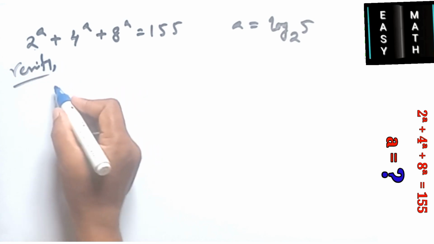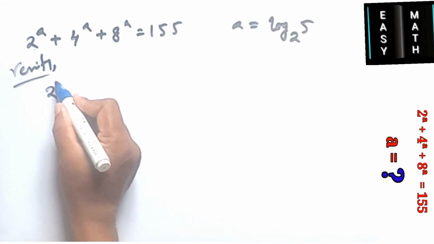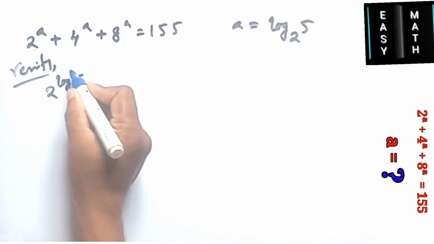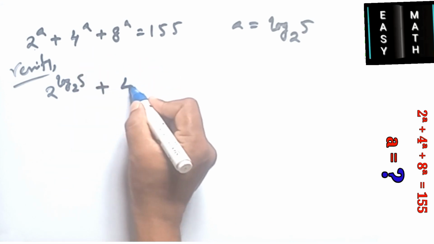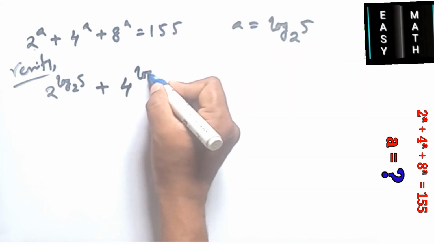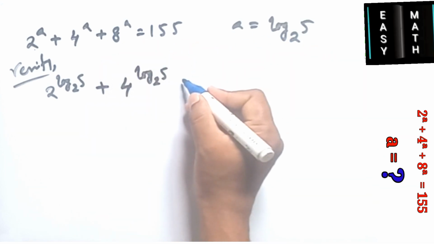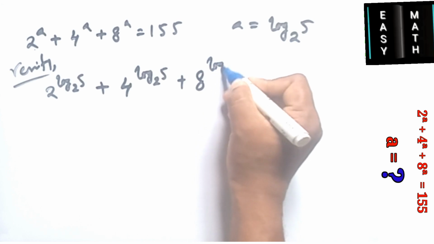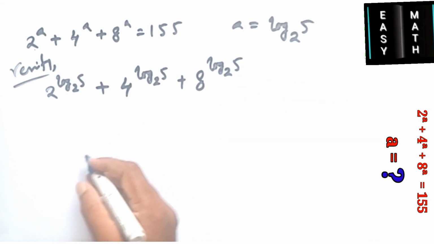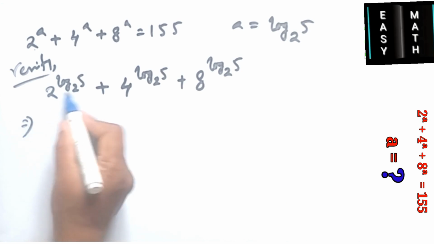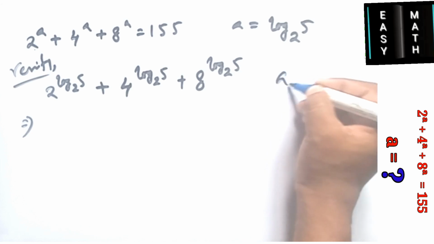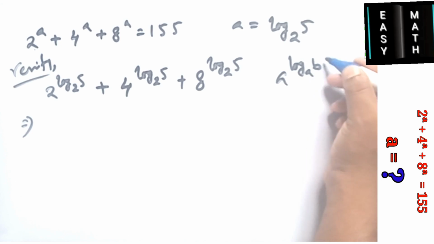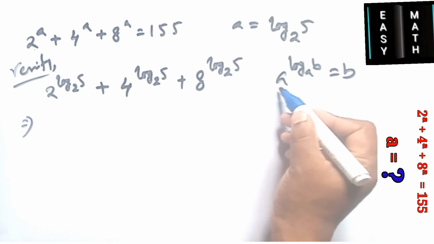How? First 2 to the power a, put this log 2 base 5, and 4, so put this log 2 base 5, and 8, so put this log 2 base 5. And there we know the formula a to the power log a base b, this is the value of b. You know this formula.